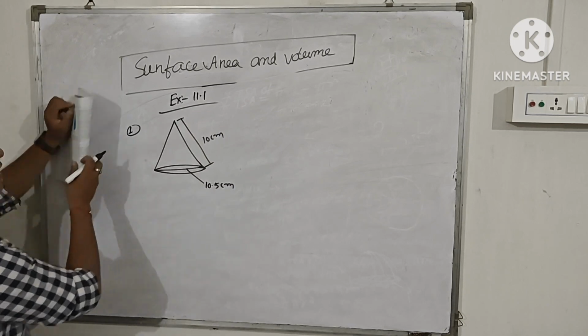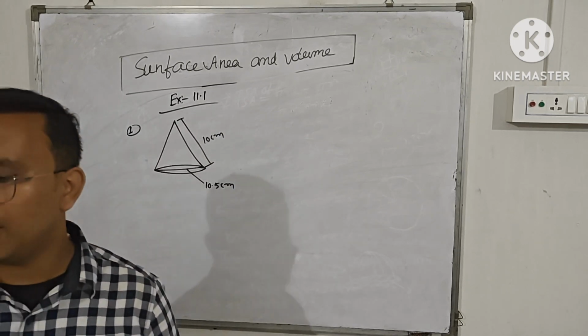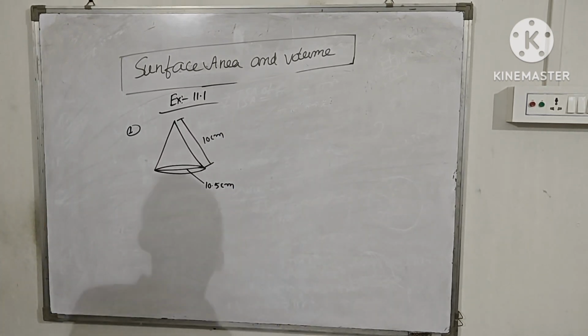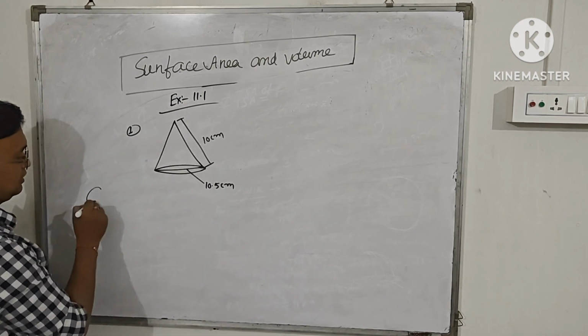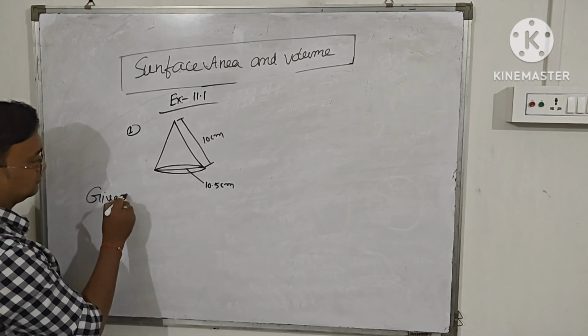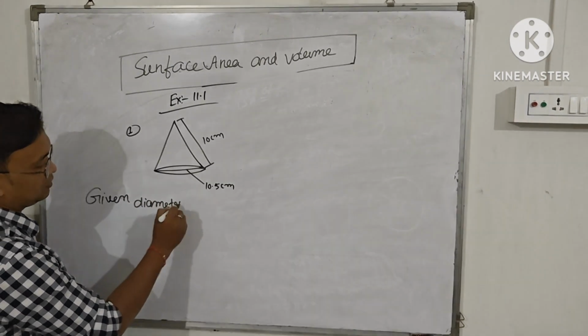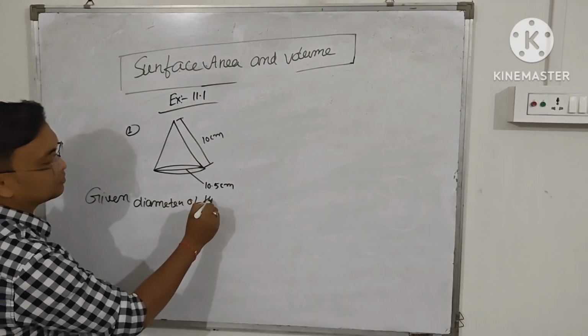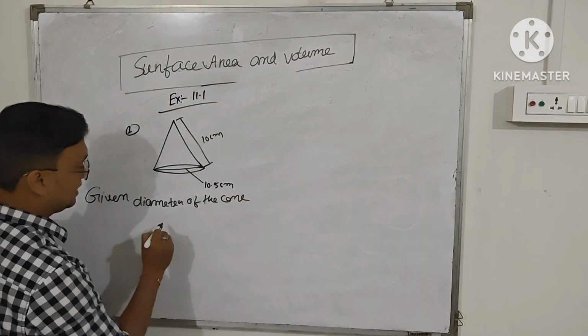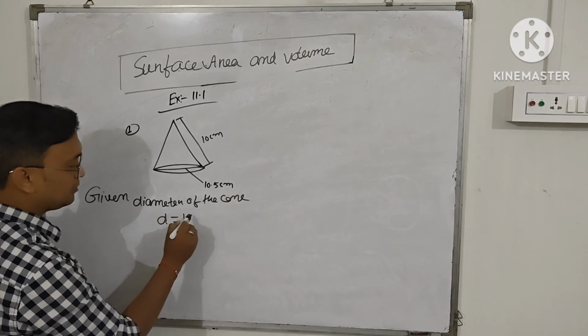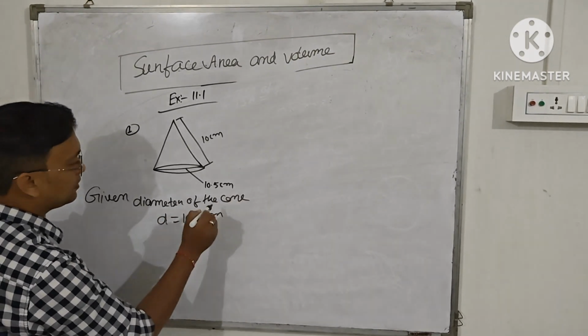Okay. Find curved surface area of the cone. Okay. So write, given diameter of the cone, that is D, 10.5 centimeter.